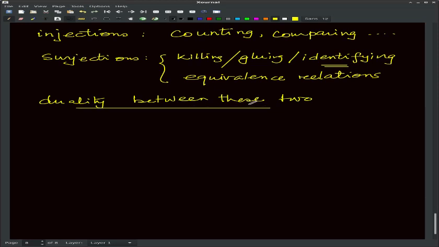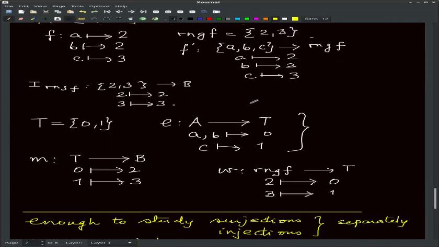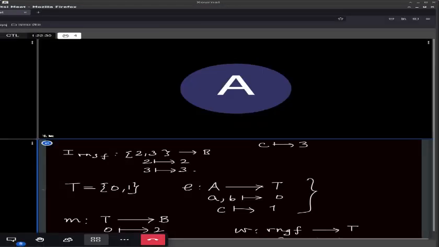That would be the essence of our next few lectures. So that is where I'll stop today, and I'll open it for questions or discussions and so on.